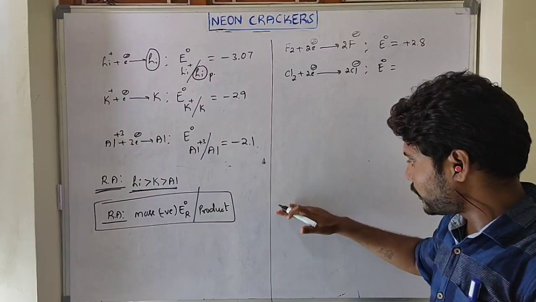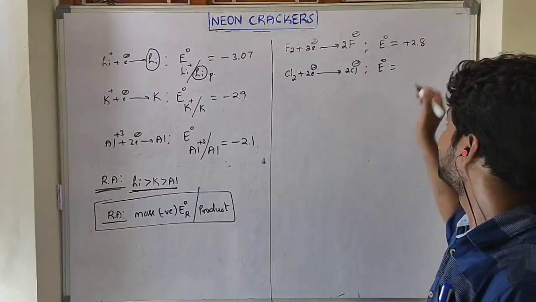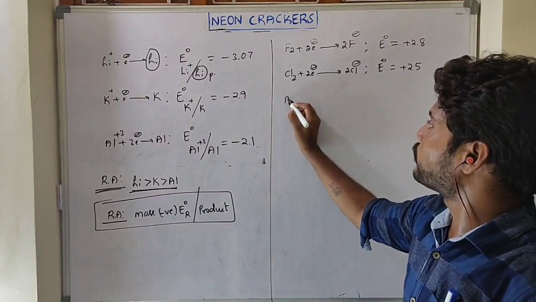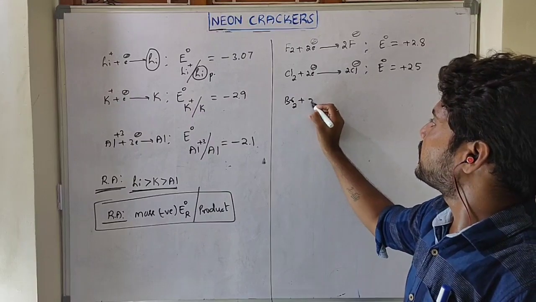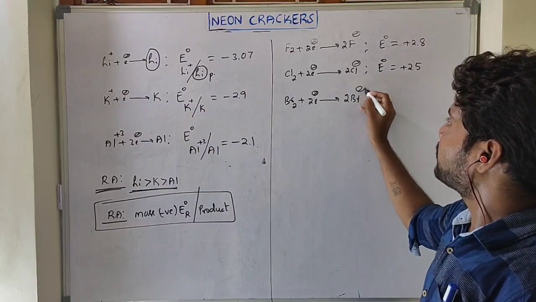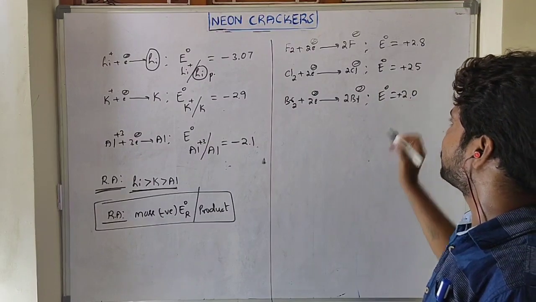From top to bottom, the positive value decreases. So this is the highest, and the next one is somewhat lower, so I am writing a nominal value of 2.5. Then bromine plus 2 electrons forms 2Br minus. What is the potential? I am taking positive 2.0.